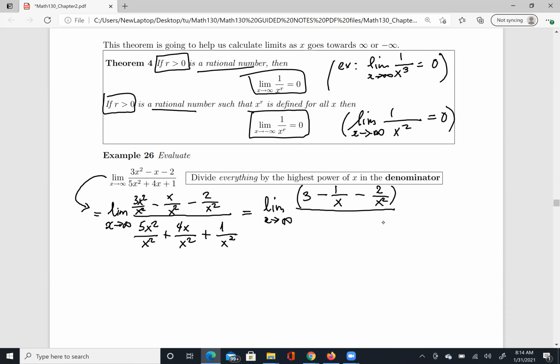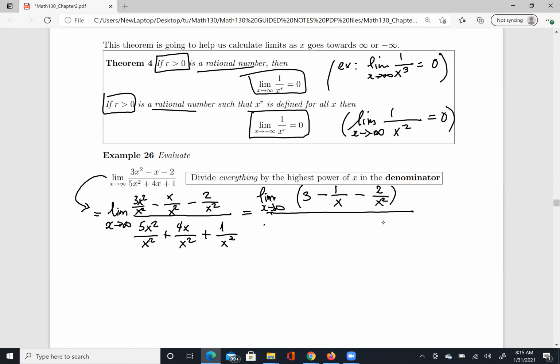I'm also going to apply one of the limit rules from the previous session, that I can make it the limit of the top divided by the limit of the bottom, right?